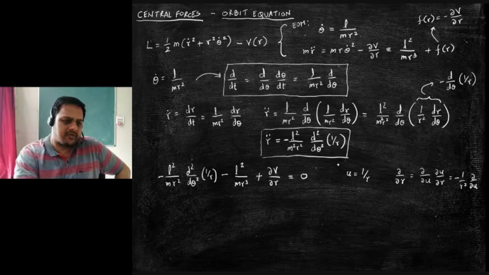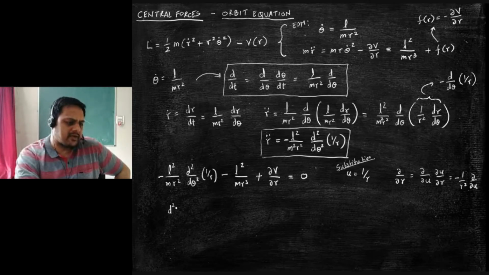If you make this substitution in this equation, then what do you get? And noticing that there is a L square by mr square common, you can multiply both the sides by mr square by L square.